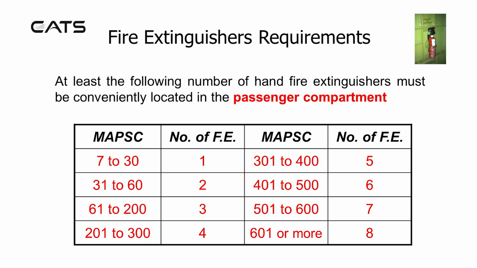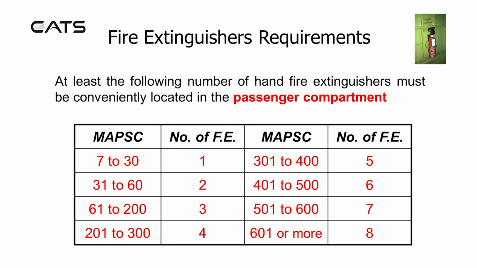So, as we go through the passenger compartment, if the maximum authorised passenger seating capacity is 7 to 30, the number of required fire extinguishers is 1. If the maximum authorised passenger seating capacity is 31 to 60, it's 2 fire extinguishers in the passenger cabin.